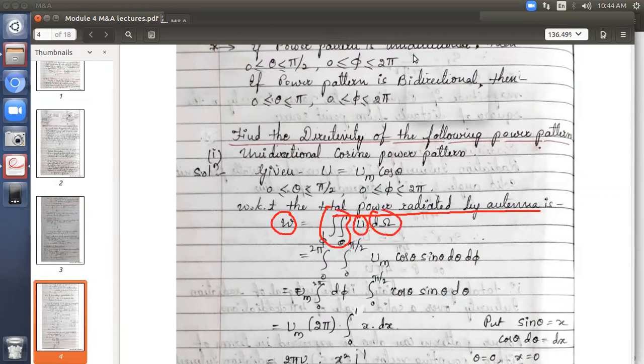According to the given question, the outermost integration is for phi, the innermost integration is for theta. What is the theta range? Unidirectional, it is 0 to pi by 2, and phi is 0 to 2 pi. And what is U? U is given as Um cos theta. I have substituted this instead of U. And what is d omega?